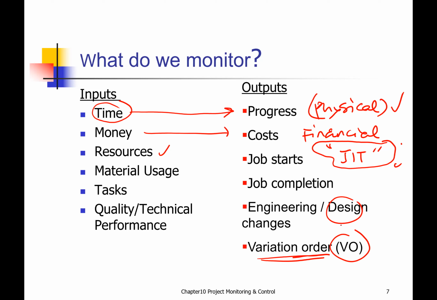Even variation order you need to monitor because sometimes it will grow and it can affect the cost of the project, and it can also affect the time. If you do not monitor or record them, at the end of the day, you will end up putting in more money than what is needed. Okay.